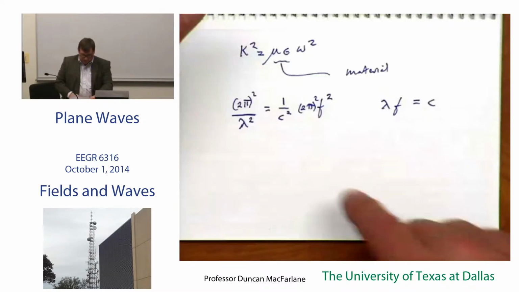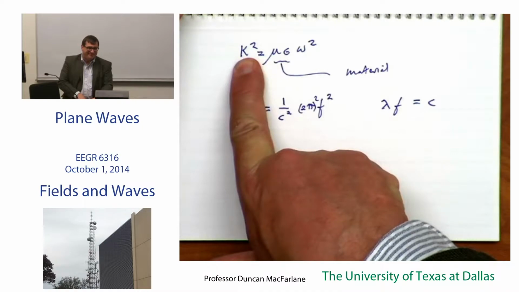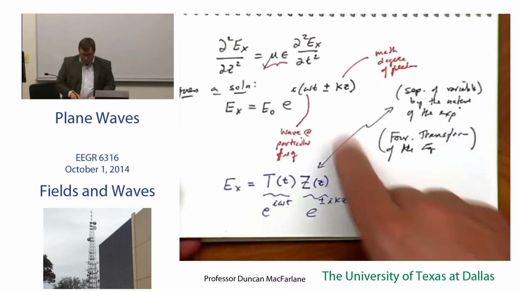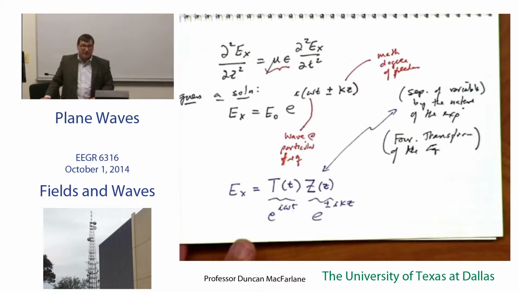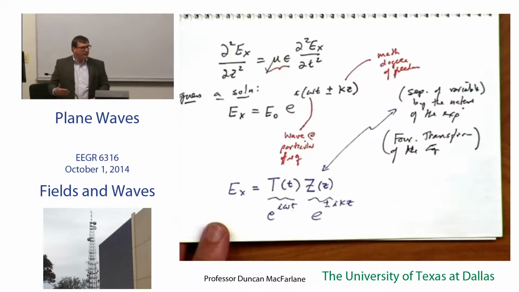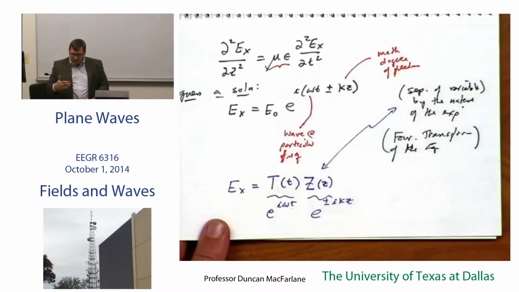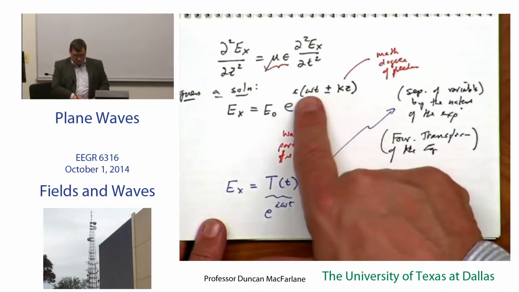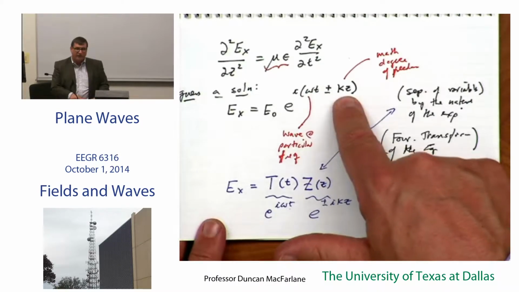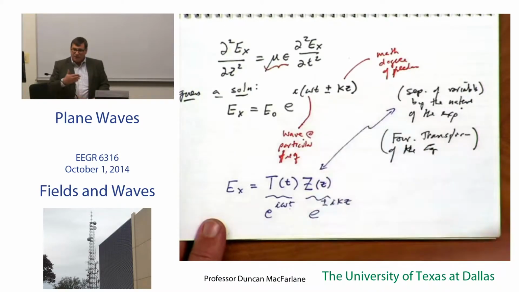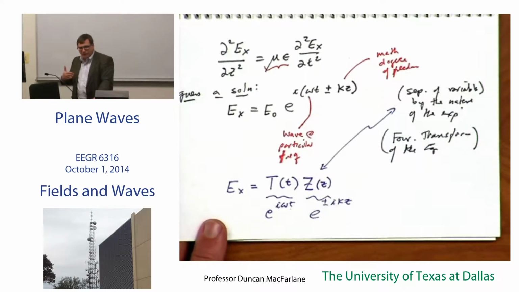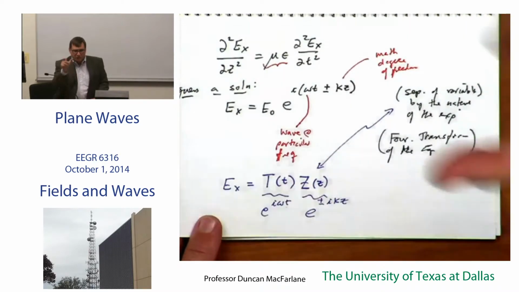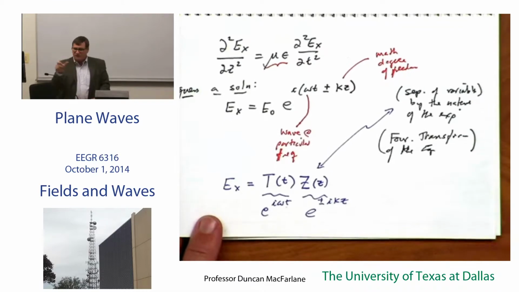But now let's take a look at this k. We'll go back to our solution, plus or minus kz. If you think through the shifts of that, the shift of a number here and a number here, the plus moves you backwards and the minus moves you forwards. Remember your rules of shifting functions around or shifting signals around?